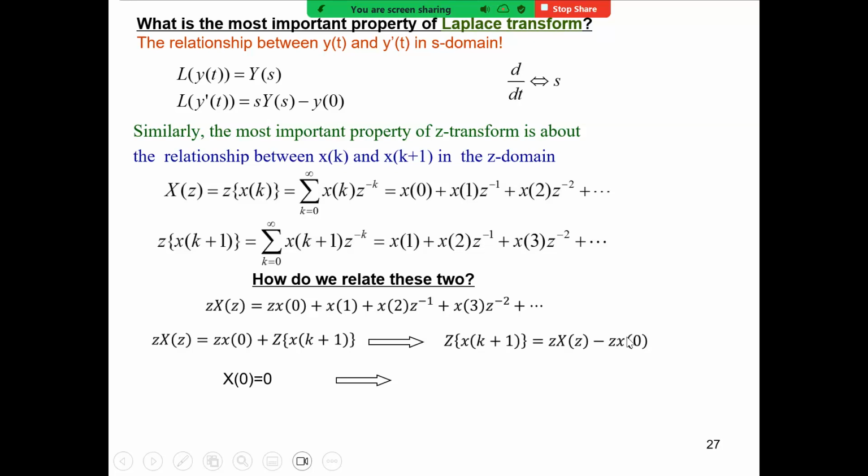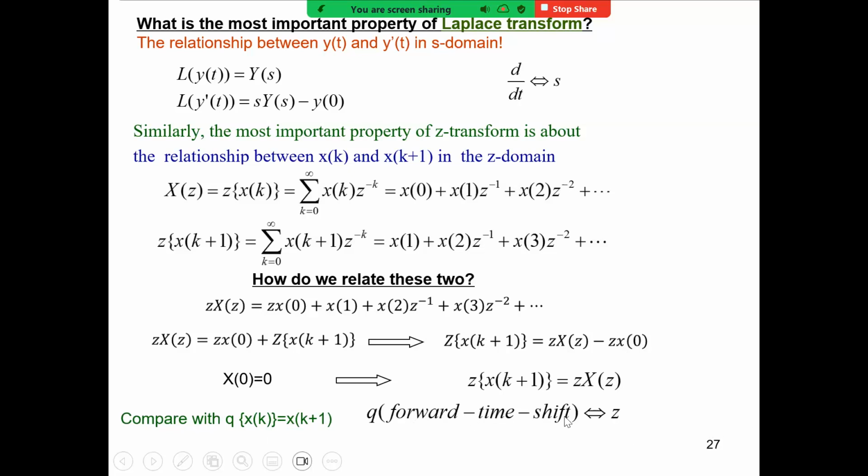Now, assume that the initial condition is 0. What do we have? The Z transform of x(k+1) is actually z times X(z). In other words, if we apply the shift operator q on x(k), we will get x(k+1). So the forward time shift operator corresponds to a z in the z domain.